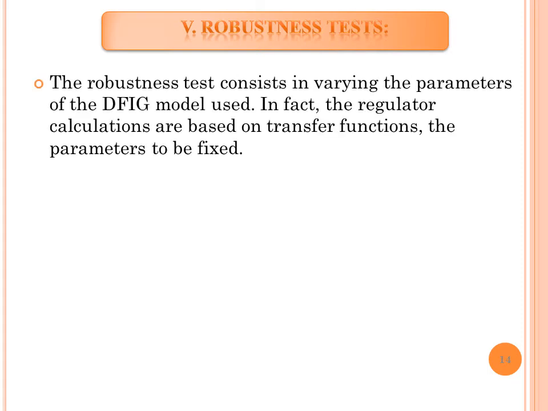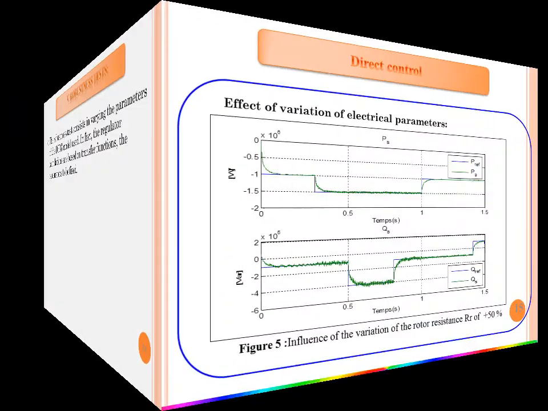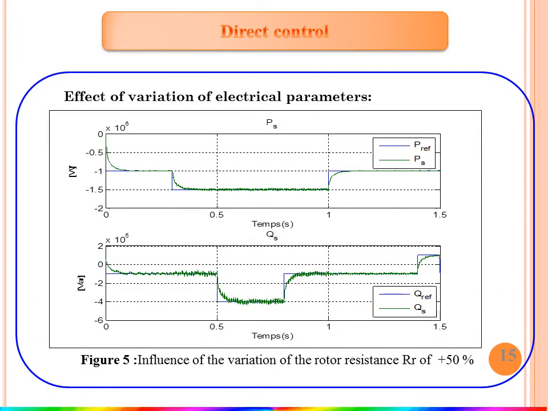Robustness tests. The robustness test consists in varying the parameters of the double-fed induction generator model used. In fact, regulator calculations are based on the transfer function, with the parameters fixed. Effect of variation of electrical parameters in direct control.